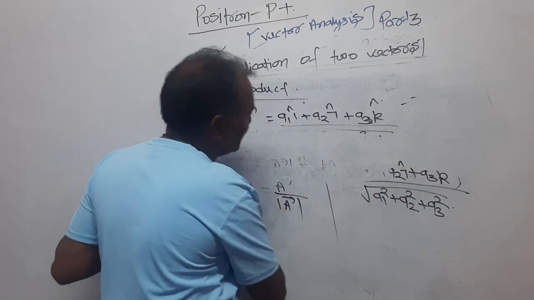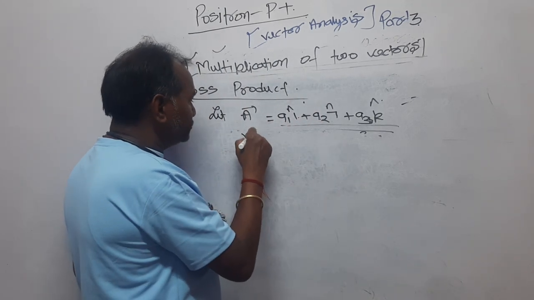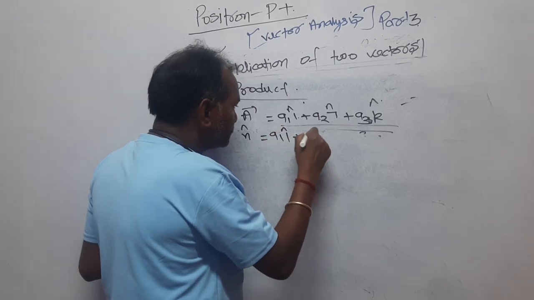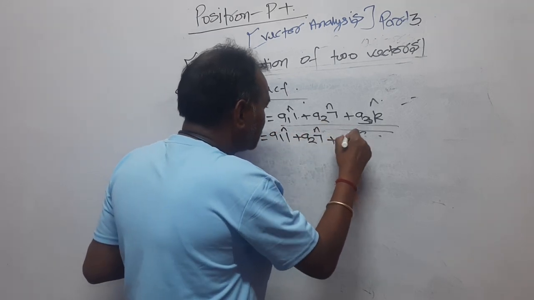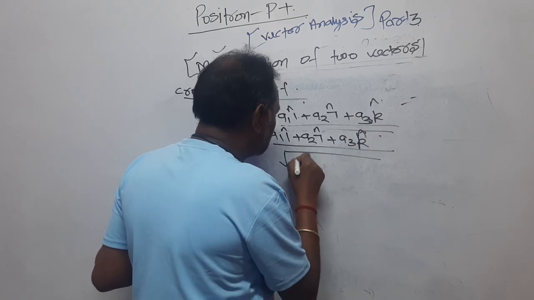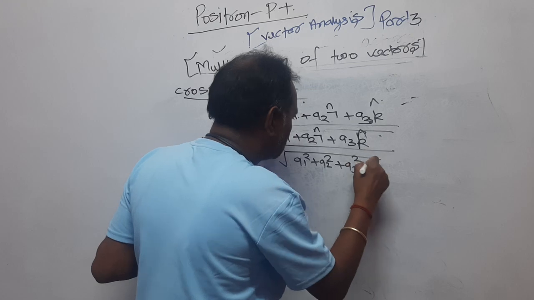Now a question, I'm giving you a very simple question. Just find the n cap unit vector of vector A, that is a1 i cap plus a2 j cap plus a3 k cap, divided by under root a1 square plus a2 square plus a3 square.